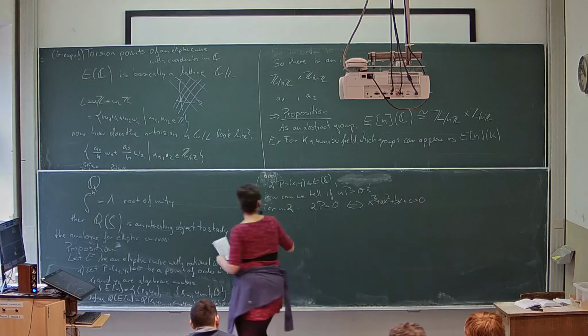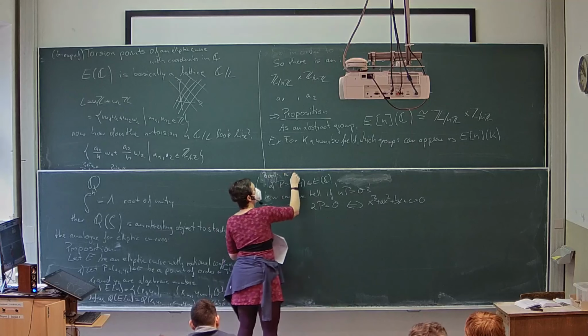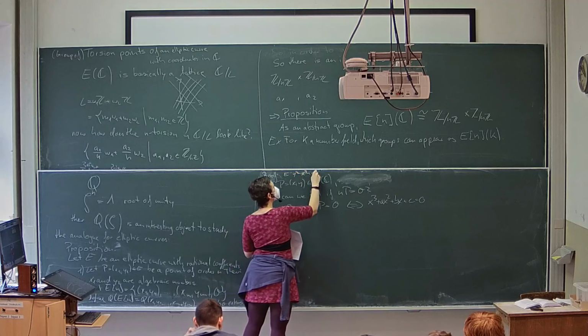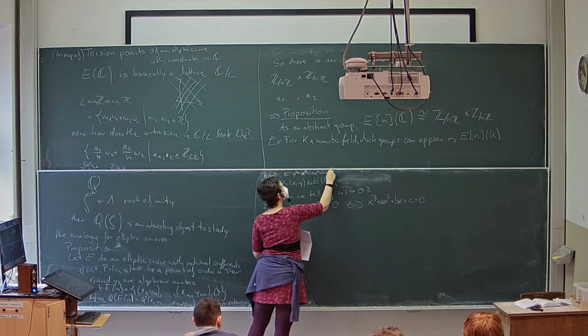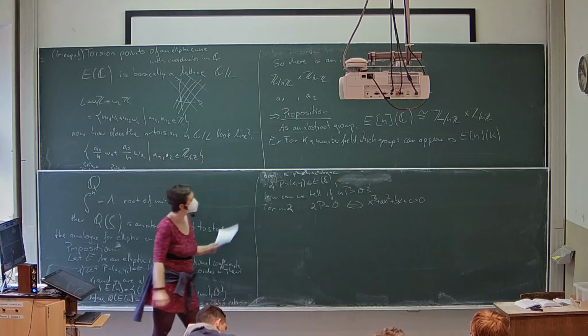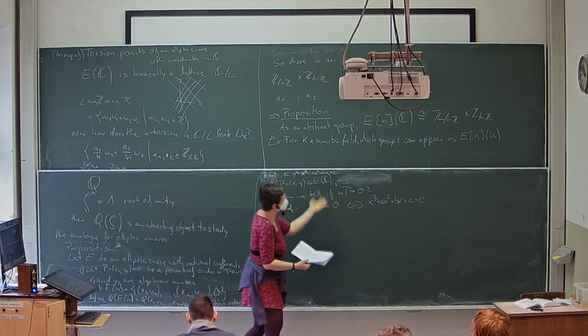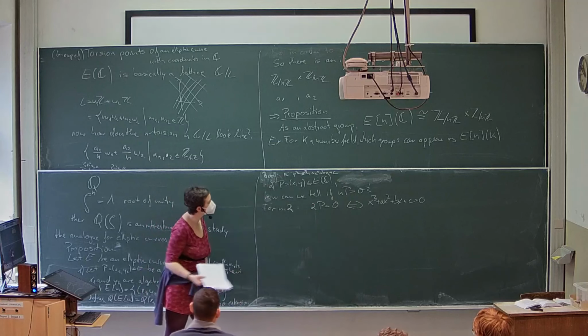We let E be defined in this long form. It doesn't matter which way of writing we take. So, for the two torsion points, it's clear.